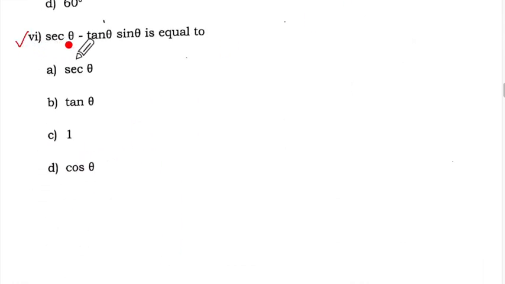Sixth one is sec theta minus tan theta into sin theta, and that is equal to, these are the options. Now what is sec? Sec is 1 upon cos theta. Minus tan, which is sin theta upon cos theta, multiplied by this sin theta here.